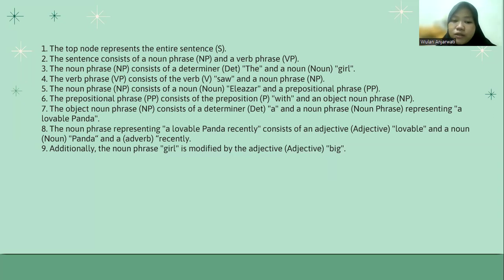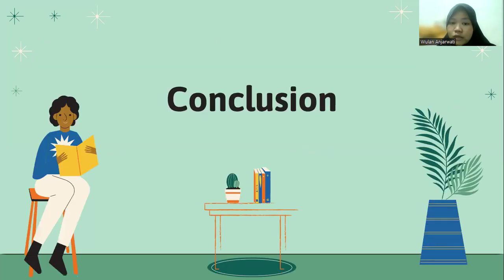The noun pair representing "lovable panda" consists of an adjective "lovable", a noun "panda", and "recently". And the last, additionally, the noun "girl" is modified by the adjective "big". So this is the last explanation, and we enter the conclusion.